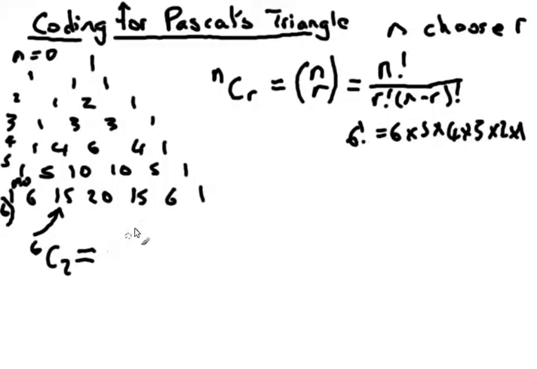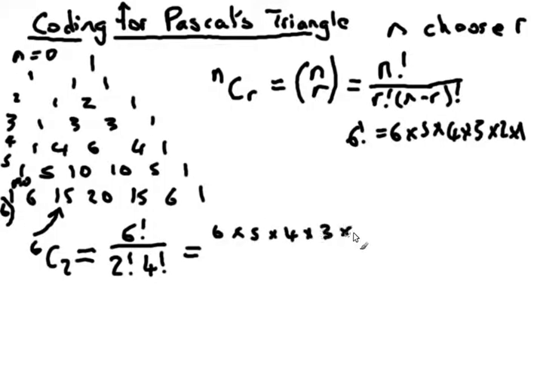Well, 6 choose 2 means 6 factorial over 2 factorial, and then 6 minus 2, which would be 4 factorial. Now, calculators will work this out for students nowadays, but it's not very difficult to simplify it yourself. This is 6 times 5 times 4 times 3 times 2 times 1 over 2 times 1 times 4 times 3 times 2 times 1.